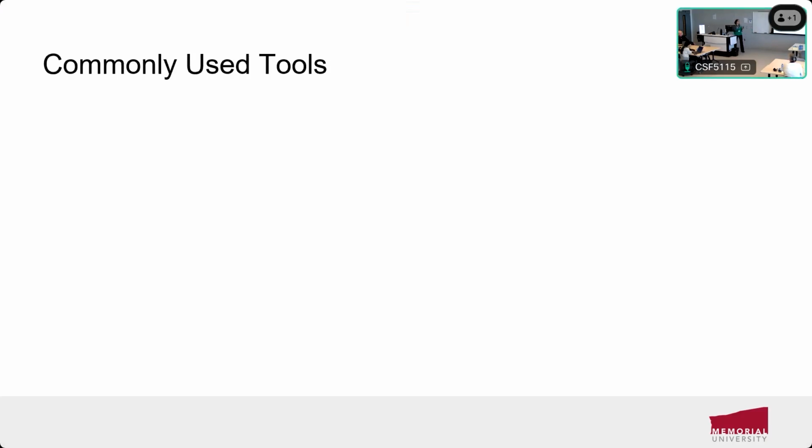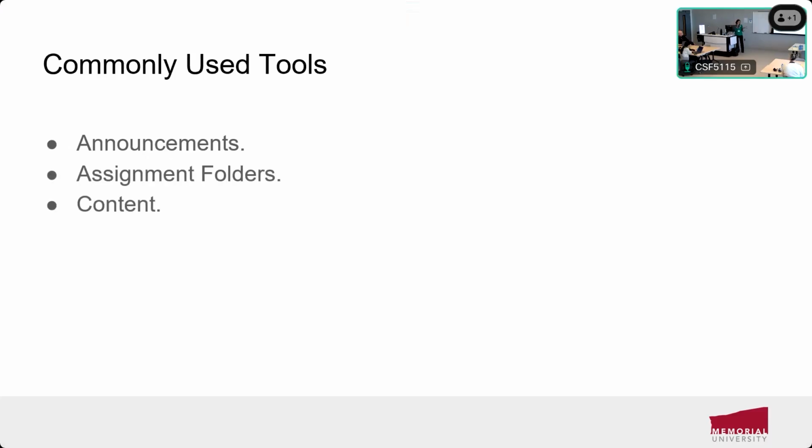Okay, so I'll go over some of the commonly used tools. Everybody knows those, I'm sure. Announcements are used frequently. Assignment folders, content for sharing content, uploading files, or using the HTML editors if you wish. Discussions, you can have them in class, and some instructors supplement with online discussions.